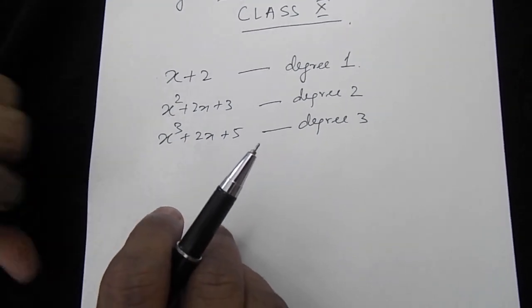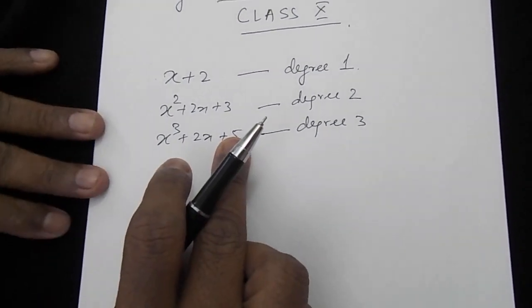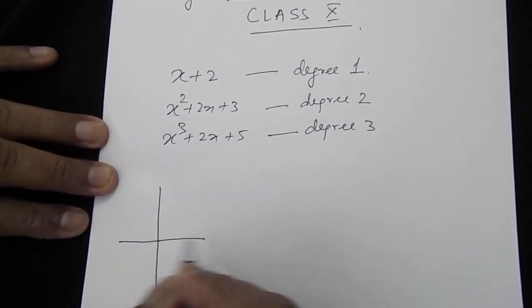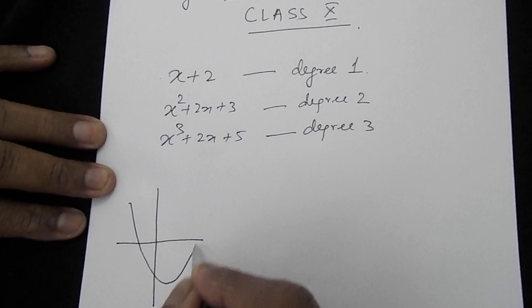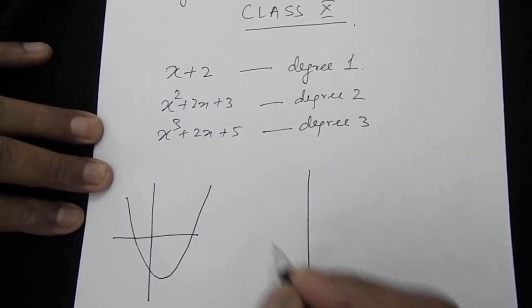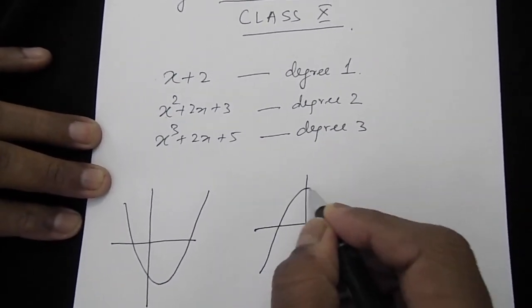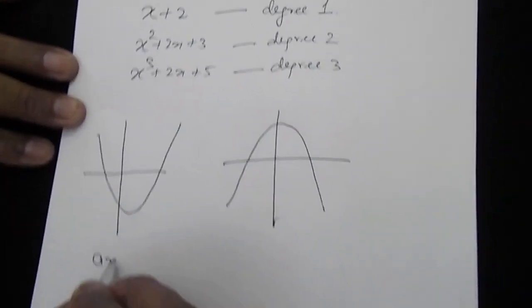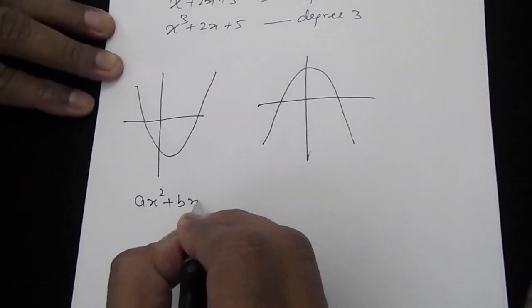Now students, if there is a quadratic polynomial, there can be two types of graphs. It is a parabola, either facing upward or facing downward. Suppose the polynomial is ax square plus bx plus c.